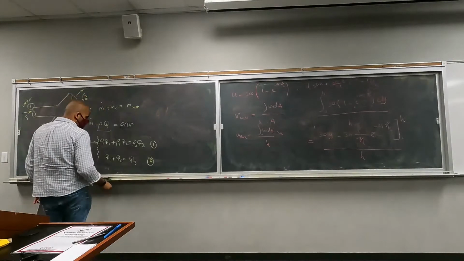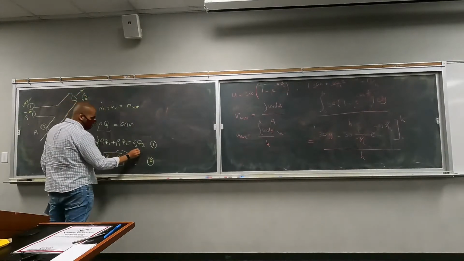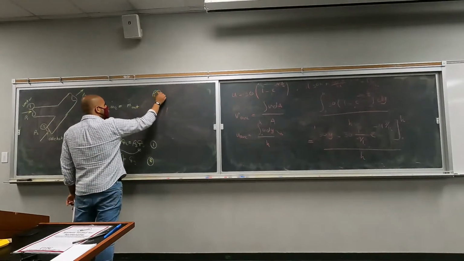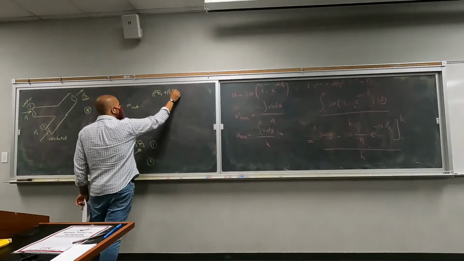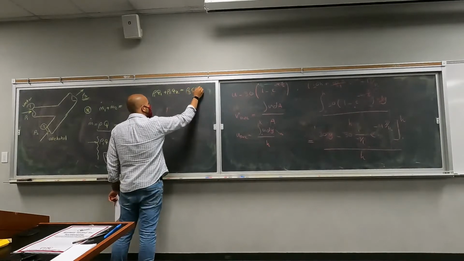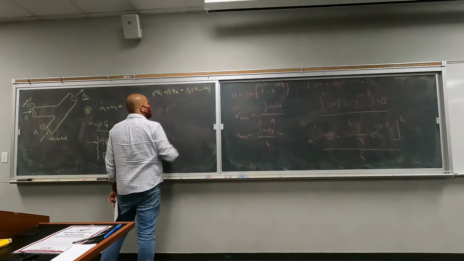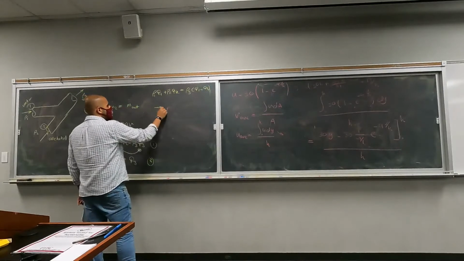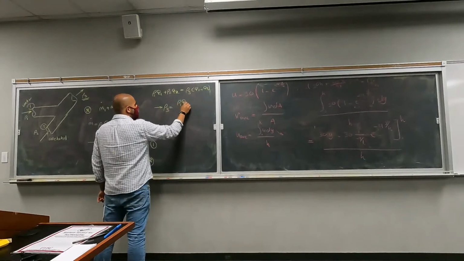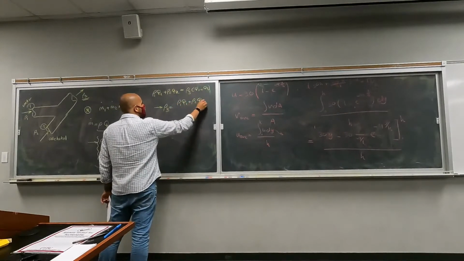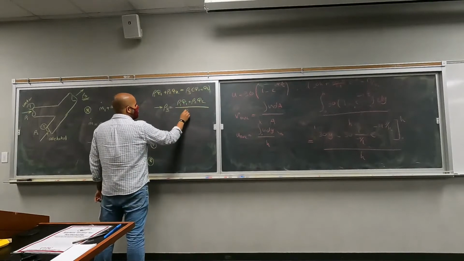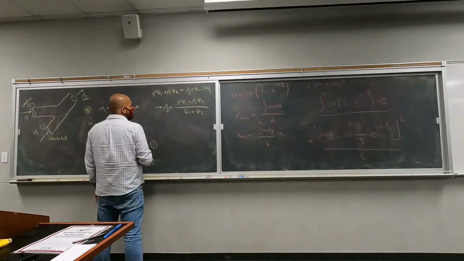So let's plug this in here. So rho 1 Q1 plus rho 2 Q2 is equal to rho 3 multiplied by Q1 plus Q2. Which means that your rho 3 is going to be equal to rho 1 Q1 plus rho 2 Q2 divided by Q1 plus Q2, right?